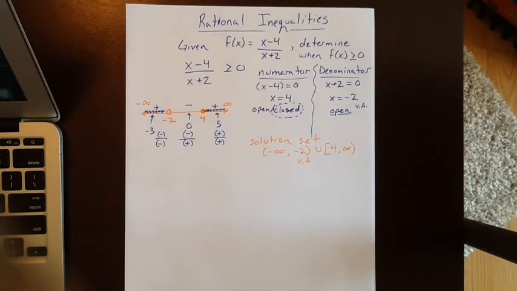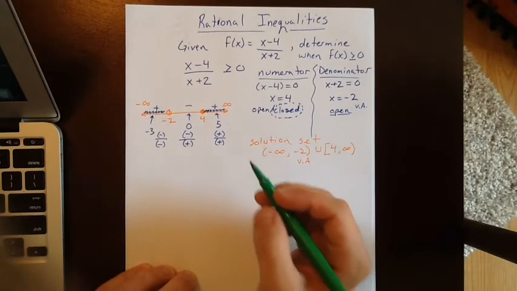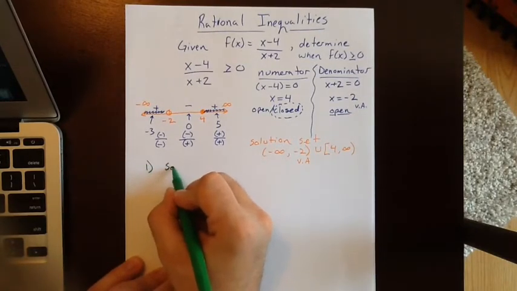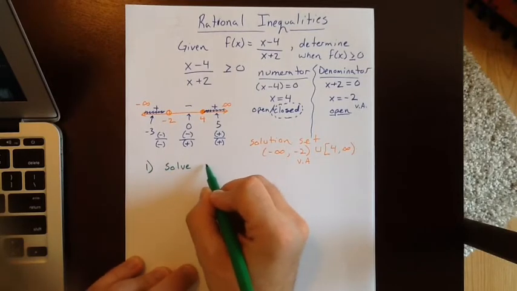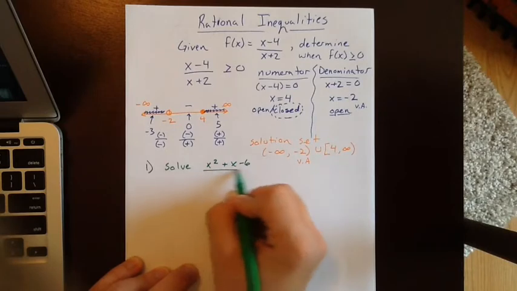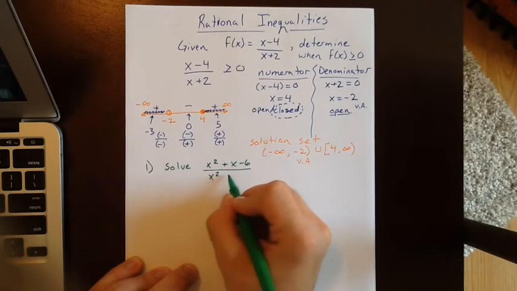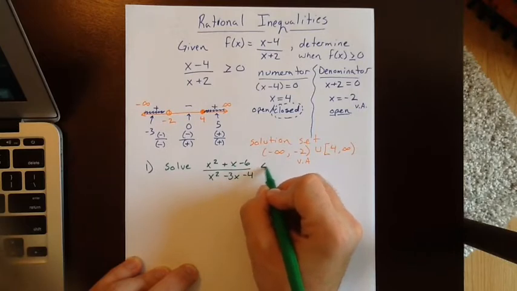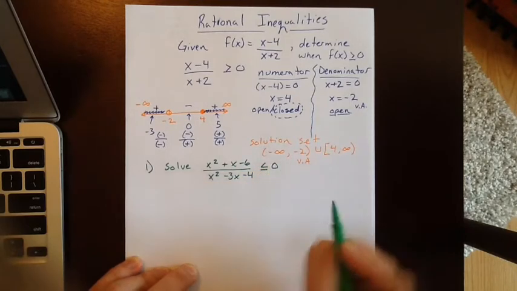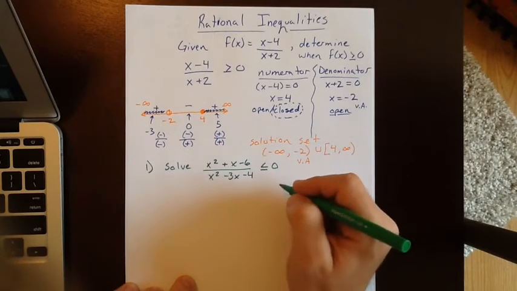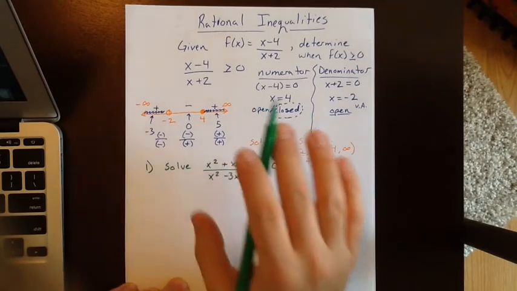Let's try another. Example 1. Let's solve this rational inequality: x squared plus x minus 6 divided by x squared minus 3x minus 4, and we want to know when this is less than or equal to 0. Again, we want to separate this into the numerator and denominator.